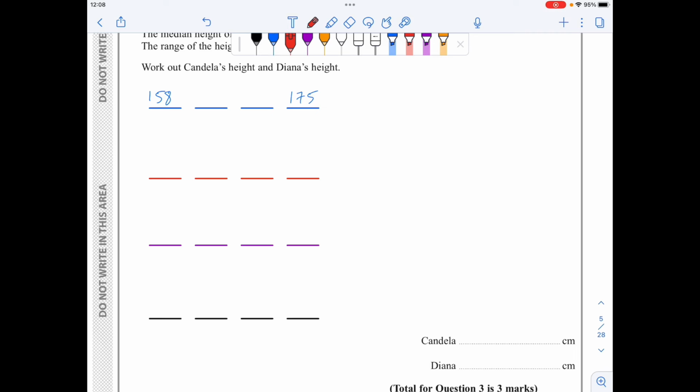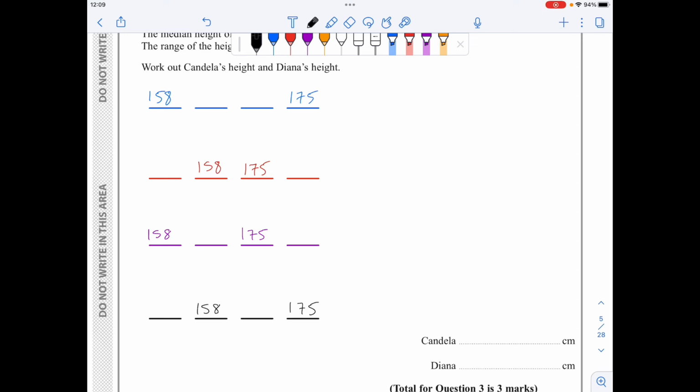For the second combination, 158 is the second one, 175 is the third one. For the third case, I've got 158 in the first position, 175 in the third one, and last one, 158 is at the second position, 175 is at the last position. So now I'm going to go through the logic of each case and show why cases 1, 2, 3 are wrong and why the last one is the correct one.